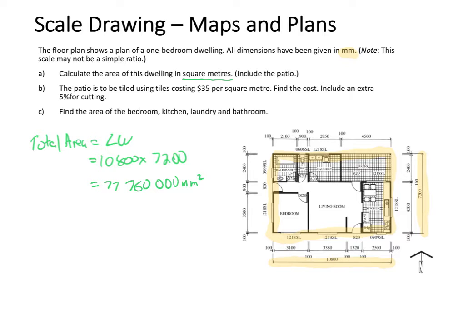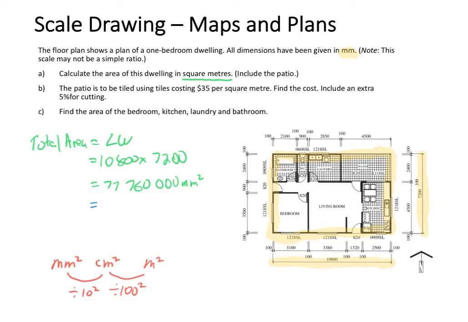Now the question asks us for the dwelling size in square meters. So we now need to convert millimeters squared into meters squared. And to do that, I need to do 2 steps. The first step is going to take me from millimeters squared into centimeters squared, and I'm going to divide by 10 squared. Then after I'm in centimeters squared, I need to go to meters squared, and to do that I'm going to divide by 100 squared.